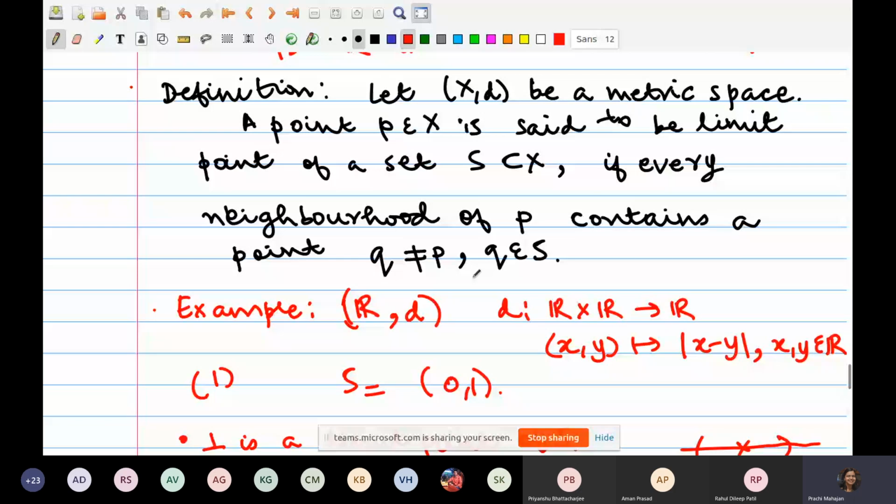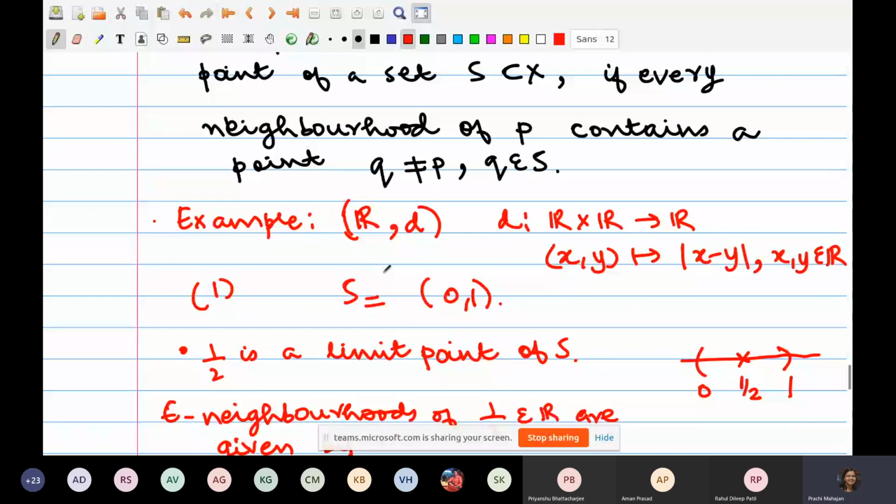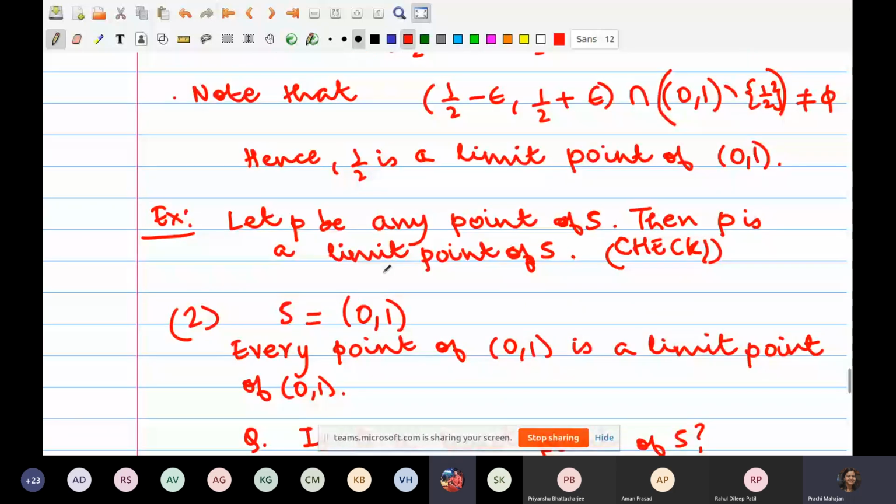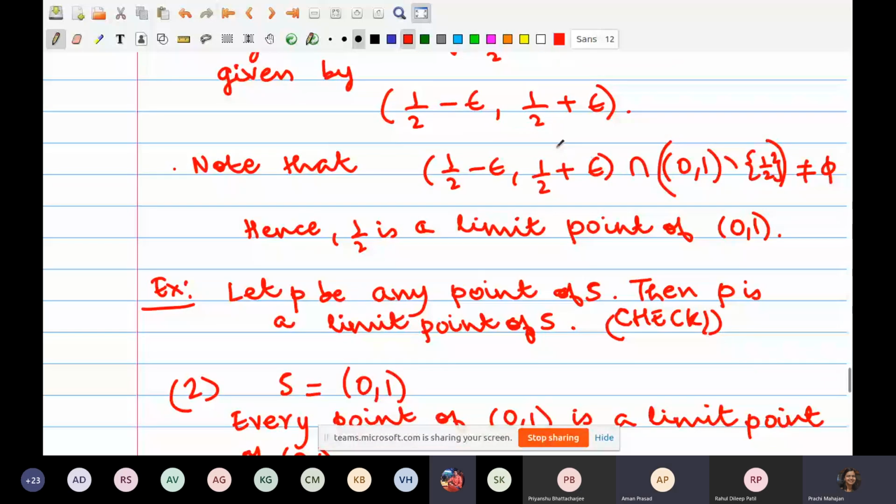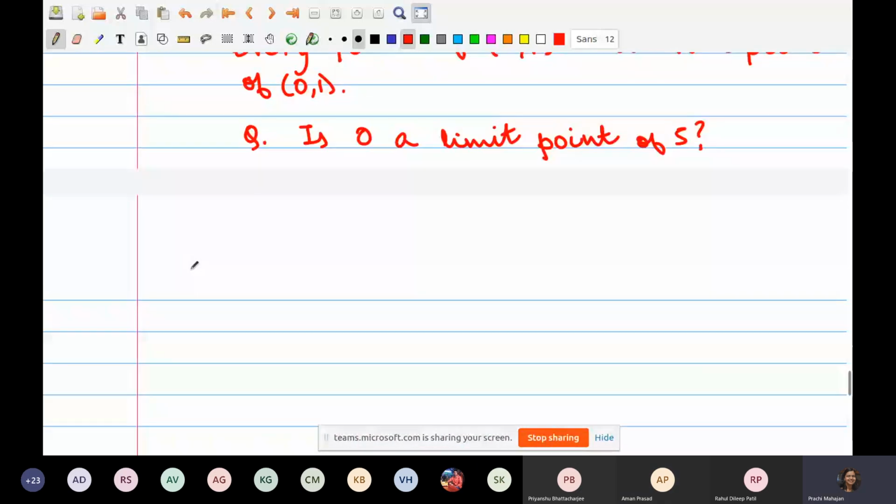Now again, what do neighborhoods of 0 look like? Neighborhoods of 0 will look like (0 minus epsilon, 0 plus epsilon), correct? So let's make this remark. For any epsilon positive, any epsilon neighborhood of 0 will look like (minus epsilon, plus epsilon), an open interval around 0.